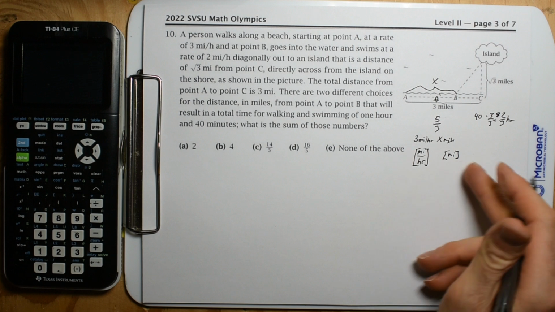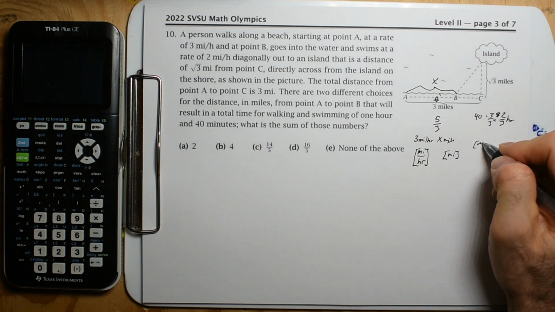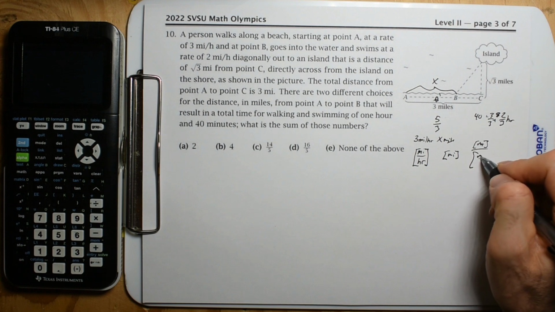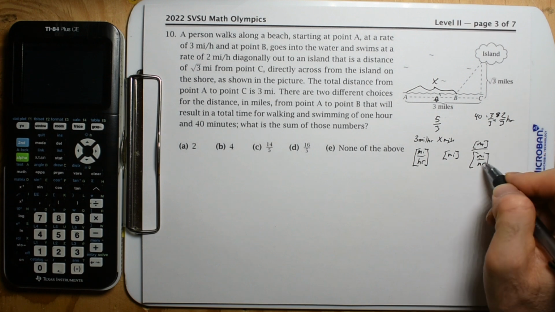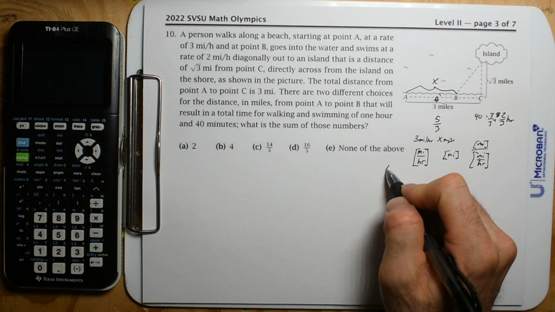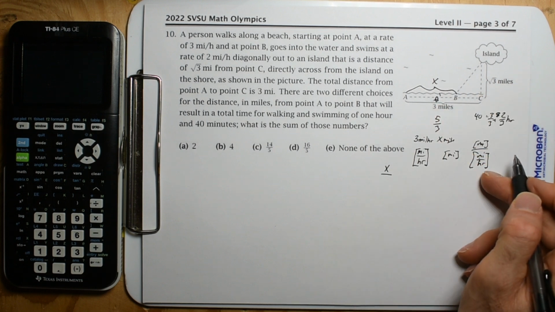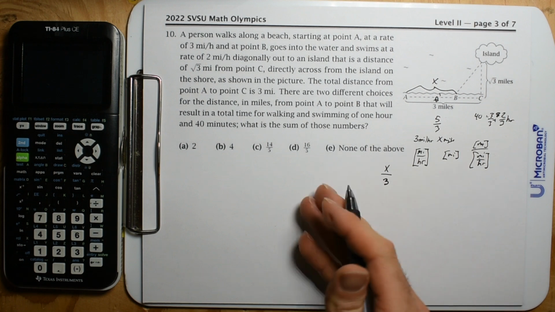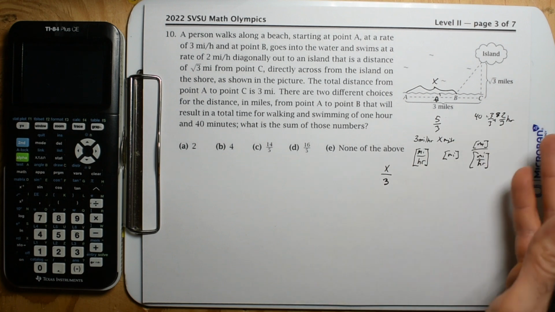What do we do to these to get time? Well, we have to take miles, holy hell, divided by miles per hour. I've been making this error all day. I still haven't solved this one, but this is the first time I'm trying to do it with paper. So we're going to have x divided by 3, and no wonder I wasn't able to solve it, because I set it up wrong.